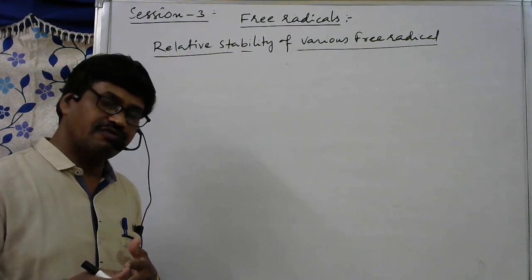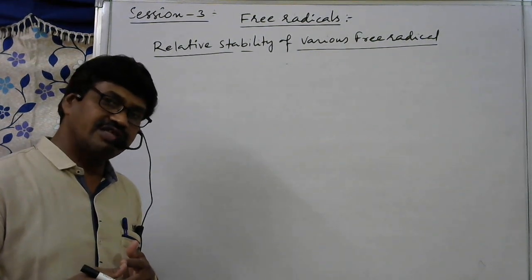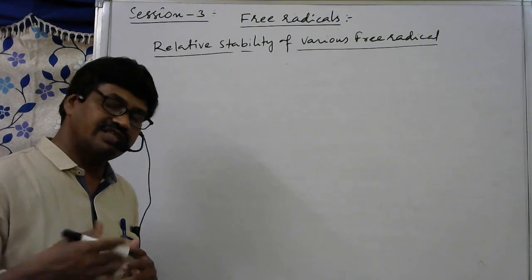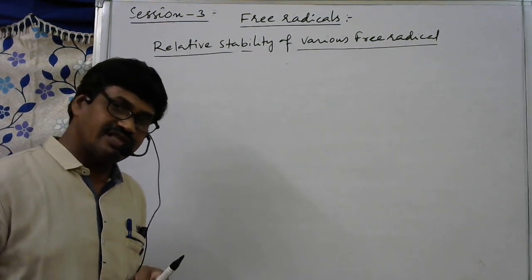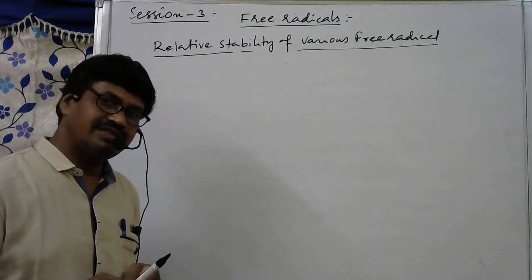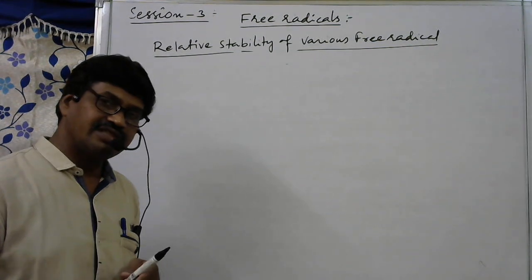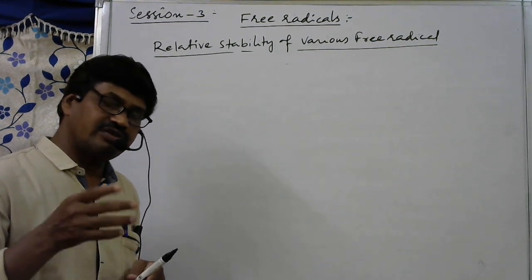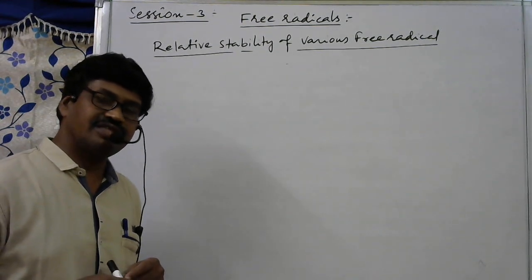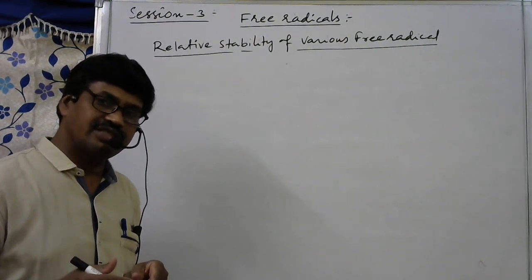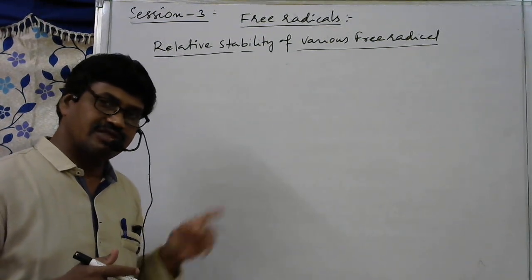When the intensity of electron deficiency increases, stability decreases. But electron releasing groups can compensate the electron deficiency, so electron releasing groups can increase the stability, and electron withdrawing groups can decrease the stability of these free radicals.